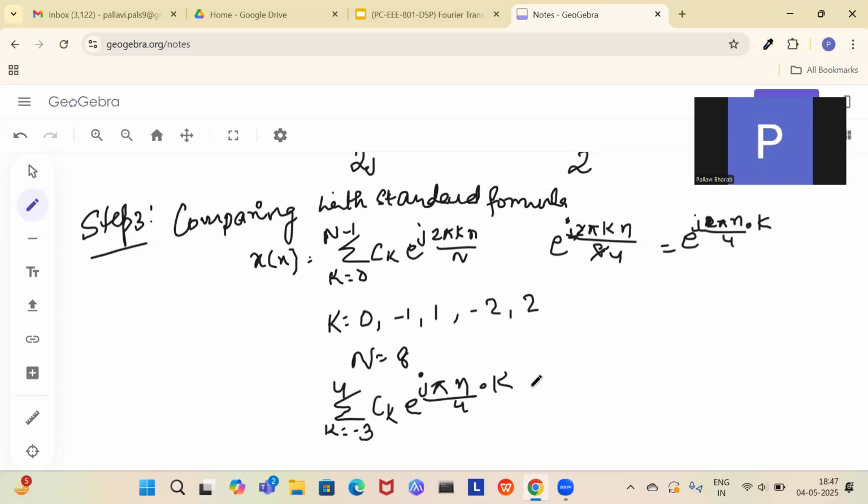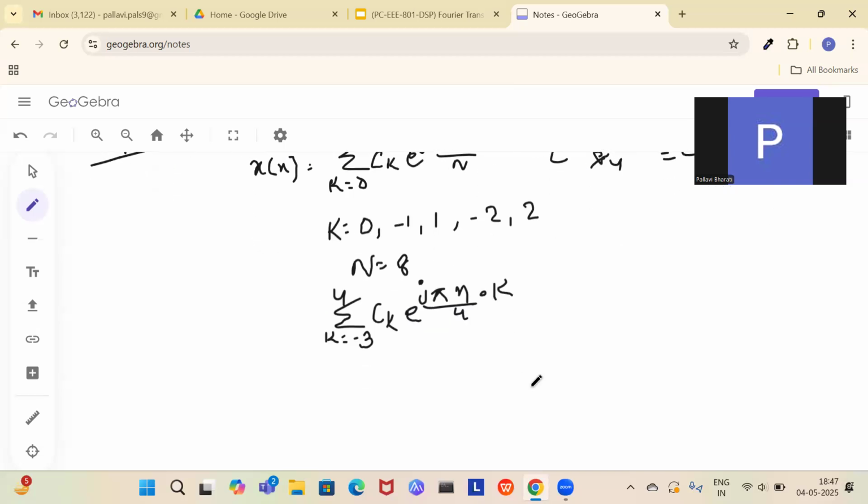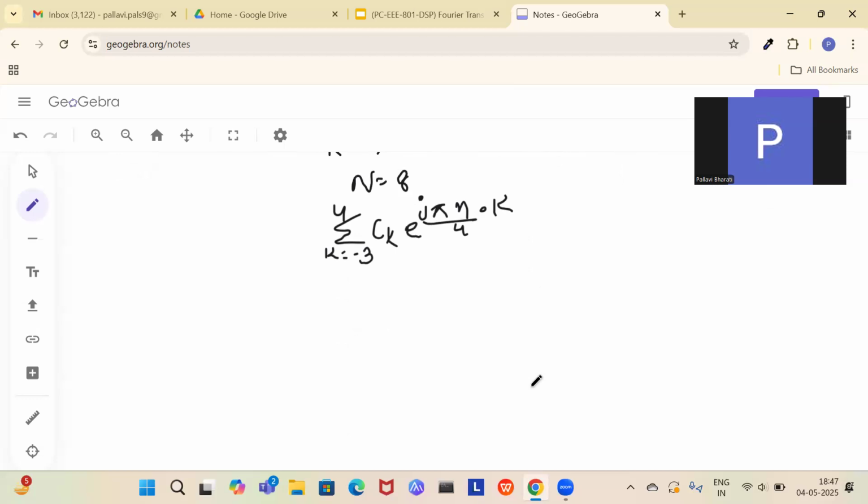By comparing, we get C0, for k equals 0, is equal to 5. We have C of 1, C of minus 1, C of 2, and C of minus 2. The rest of the values, that is minus 3, plus 3, and 4, are 0.